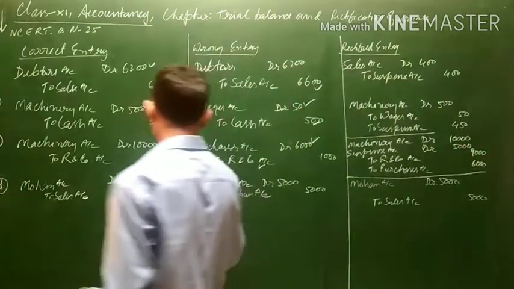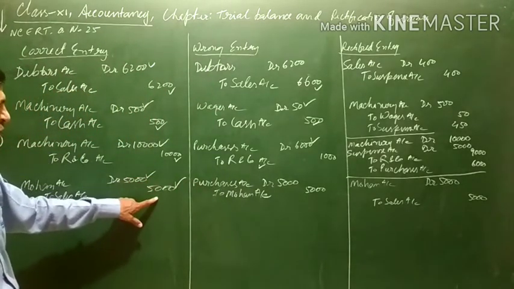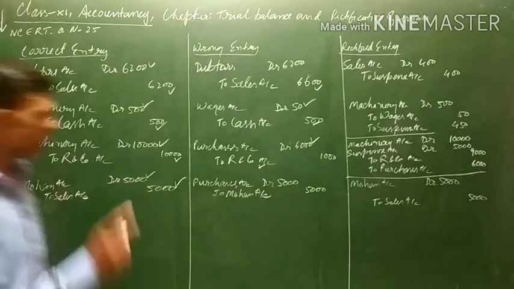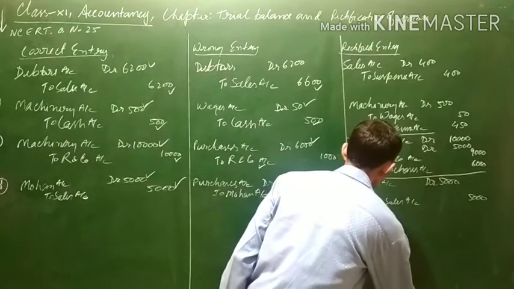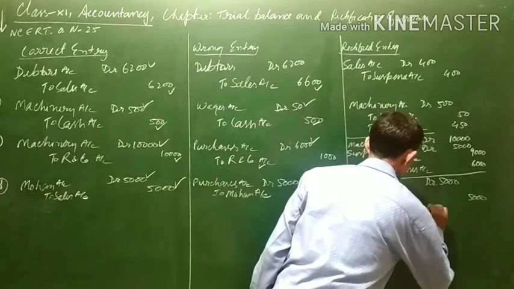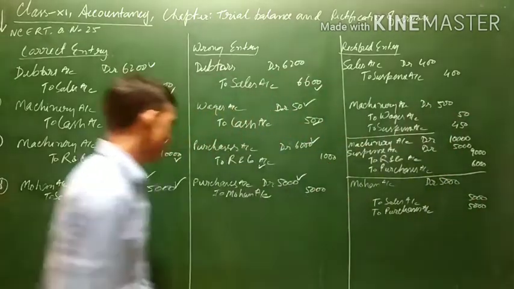Now purchases has been debited, but there is no need to debit purchase account. It has wrongly been debited. So in order to cancel this, we will credit purchases account 5,000. Now this is also done.